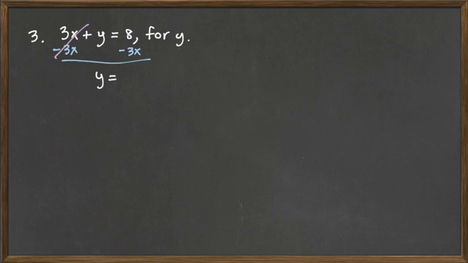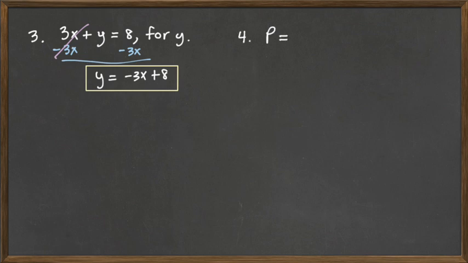You have 8, which is a number, and you have minus 3x, which is an x term. These are not like terms. So I could write 8 minus 3x, but I want to get you prepared for something, and I'll write it as negative 3x plus 8. For this first test, our first section, it's not such a big deal, but we want to get used to putting that x term first. All right, let's move on to number 4.